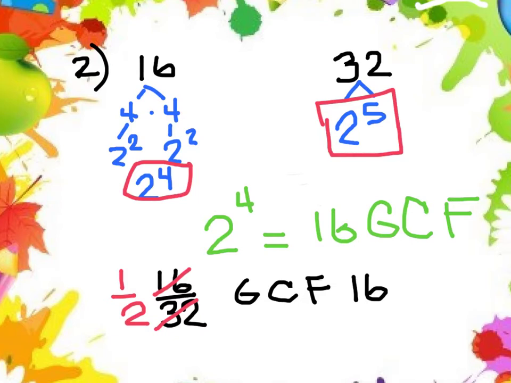So this greatest common factor is the greatest factor in which both are divisible by.